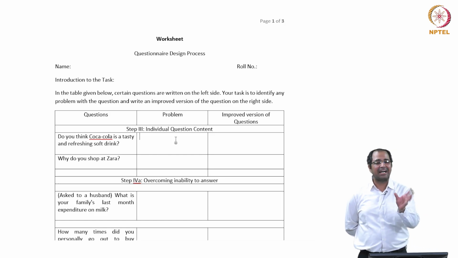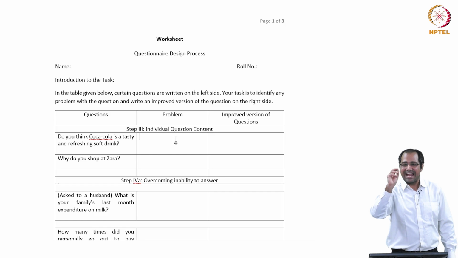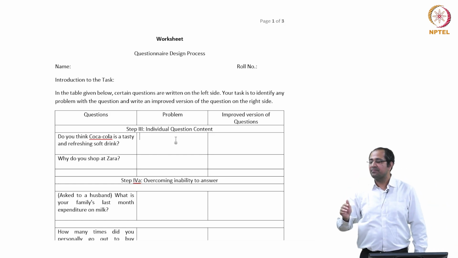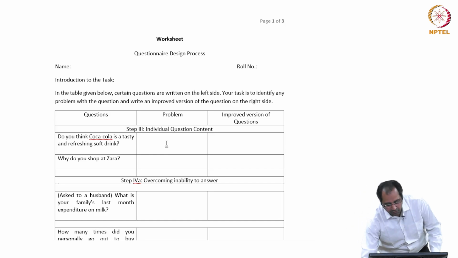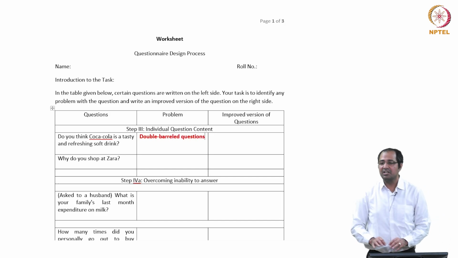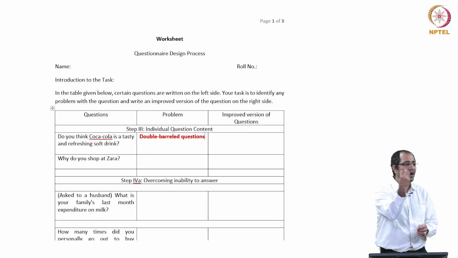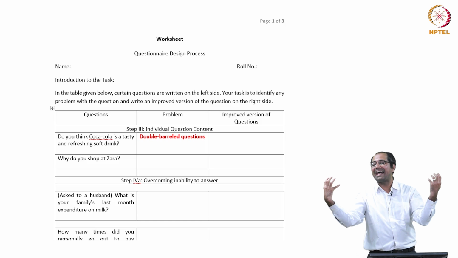Generally these kinds of questions, when you are putting "and" or "or" in the same statement, are wrong. These are called double-barreled questions. So the first concern is double-barreled questions.